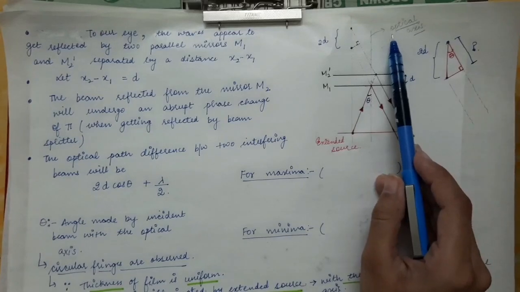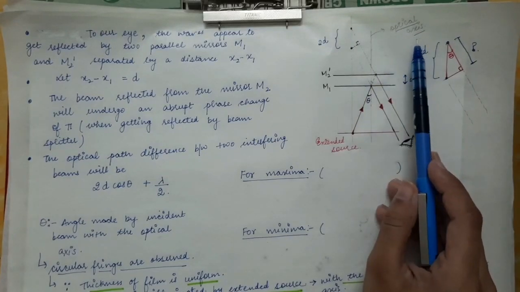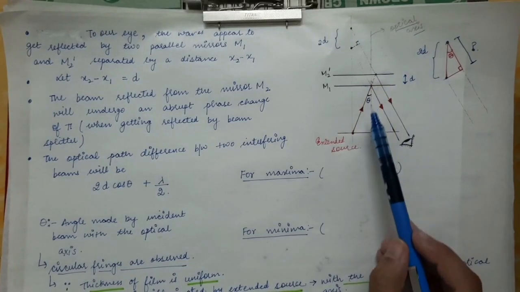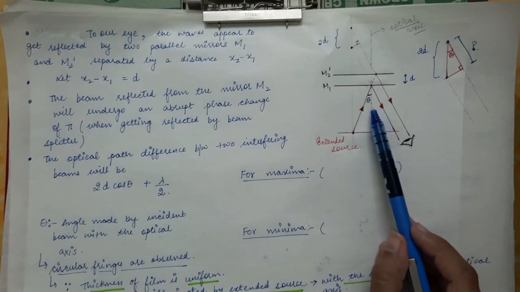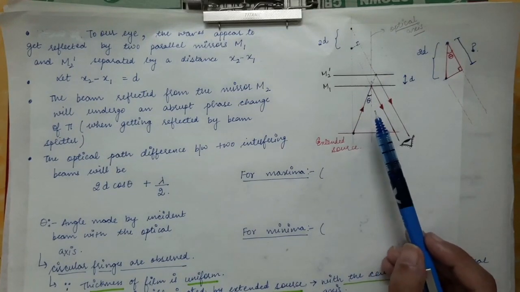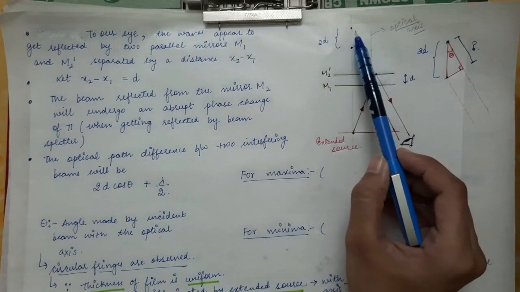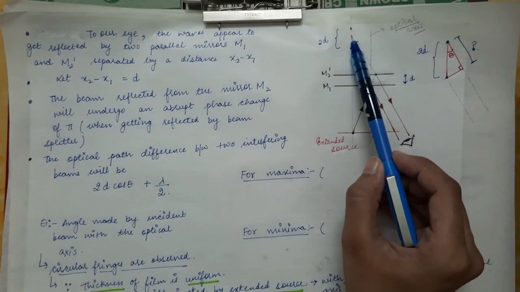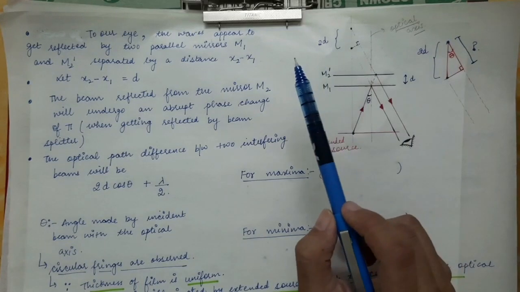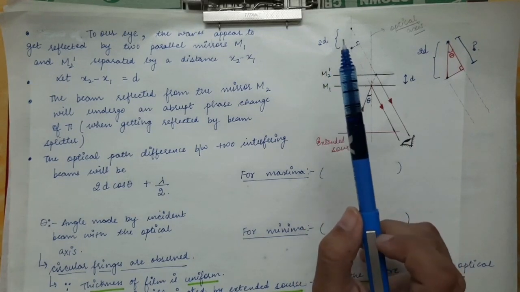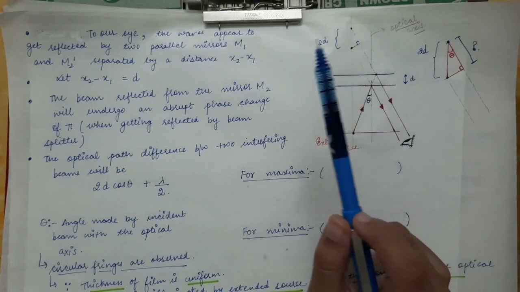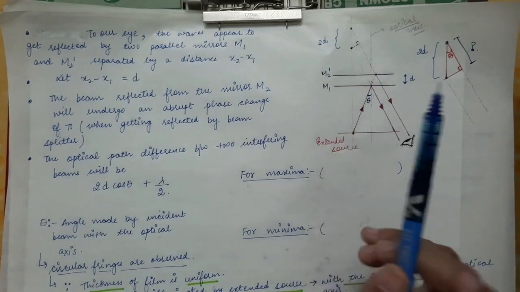This perpendicular line is the optical axis, and the angle made by the incident ray with the optical axis is given by theta. Now this angle made by the second ray with the optical axis will also be equal to theta, and you can just use the properties of angles and the straight line to find this angle.